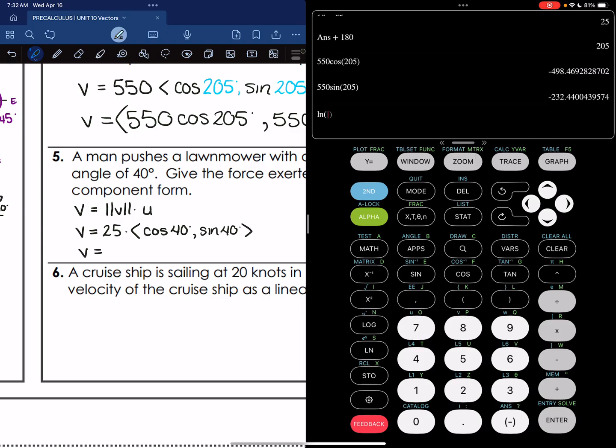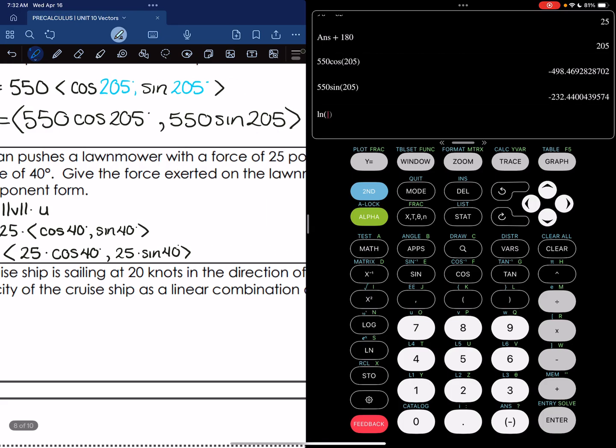All right, so we're going to be taking the product of 25 and cosine 40, and the product of 25 sine 40 degrees. And then you just go ahead and grab your calculator and find that product.